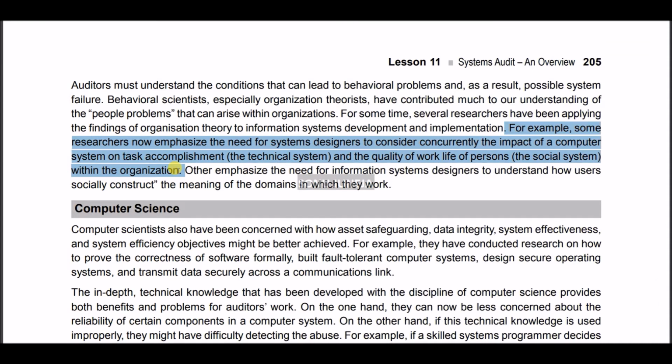So, with respect to behavioral science, the organization that is actually operating needs to understand the needs of employees as well as the developers who are trying to create efficient software. There is a very high possibility that the way the system software is being designed and the way the organization's employees are expecting it to be might have a huge gap between them.